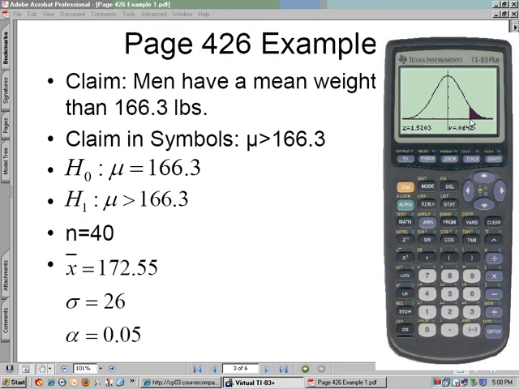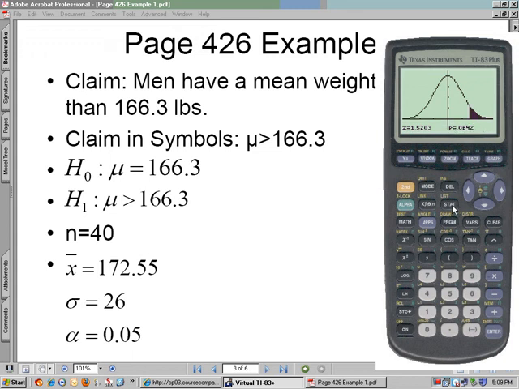Now before, when we wanted to find the area under the curve, we would use normal CDF. We would type in 1.52 comma, and this goes off to positive infinity, so we'd put in 99999, close it up, push enter, and it would give us the area under the curve. Well, this has calculated the p-value for us, the area under the curve.